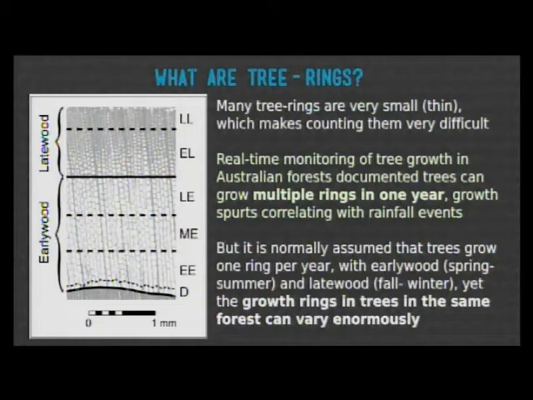Real-time monitoring of tree growth in Australian forests has been documented by a friend of mine who used to work for Australia's government research agency, and he told me that multiple rings were found to form in 1 year, and growth spurts correlated with rainfall events, not necessarily with the seasons, because in parts of Australia you don't get great variation between the seasons.